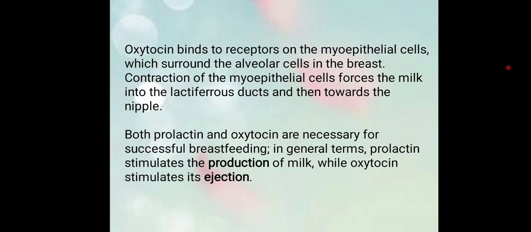As a consequence of contraction of these myoepithelial cells, the already produced milk by effect of prolactin will be ejected. So, both prolactin and oxytocin are necessary for successful breastfeeding. In general terms, prolactin stimulates production of milk, while oxytocin stimulates its ejection.